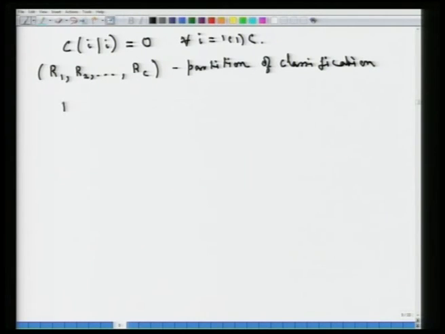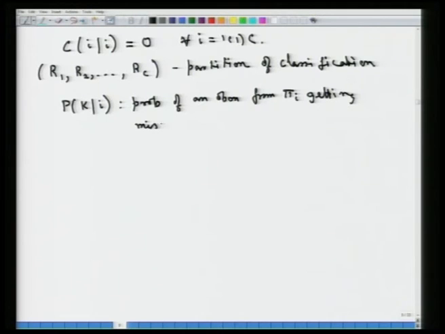Then we can also have a similar notation as to what we had for a 2-class problem under a cost structure. So, this is what? This is the probability of an observation from pi i getting misclassified into the population k, that is pi k.